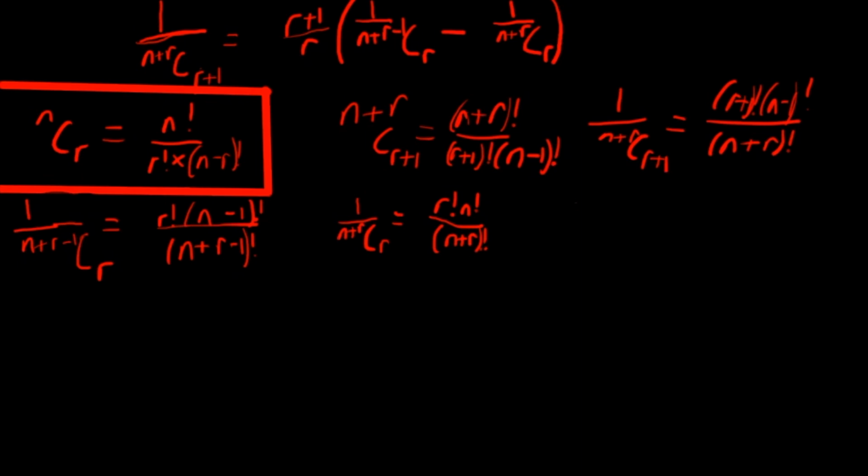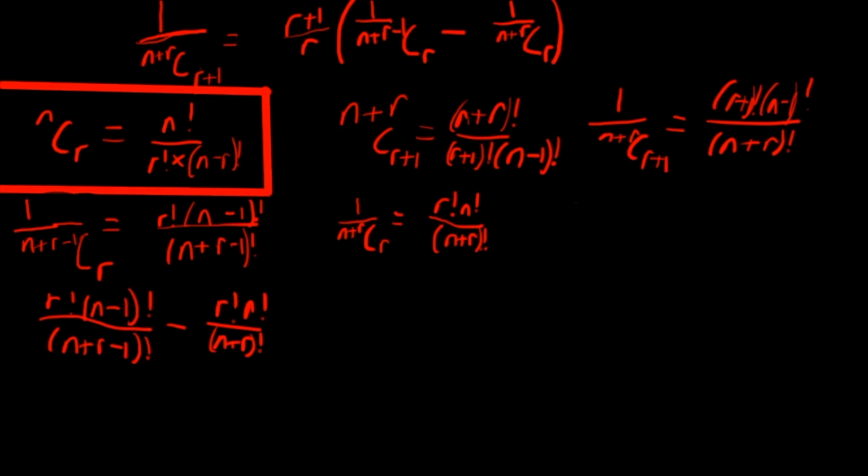So if we look at the right hand side of the equation, and first try to simplify the value in the brackets, we'll have r factorial (n minus 1) factorial divided by (n plus r minus 1) factorial, minus r factorial n factorial over (n plus r) factorial.